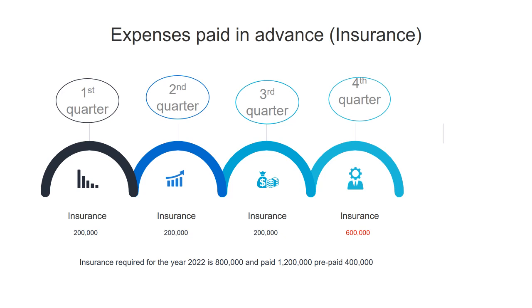So we have a prepaid of 400,000. So the amount to be shown as an expense is 800,000, the amount that is required, and the ones that are paid in advance need to be shown as an asset.